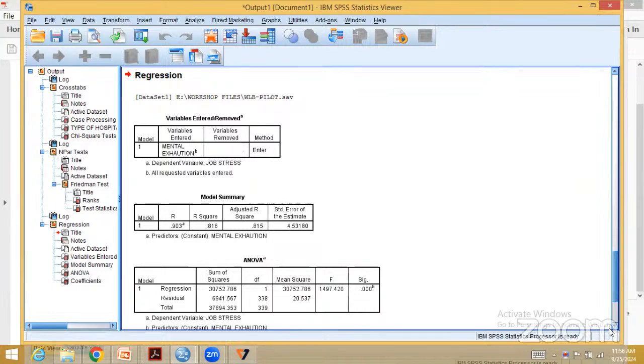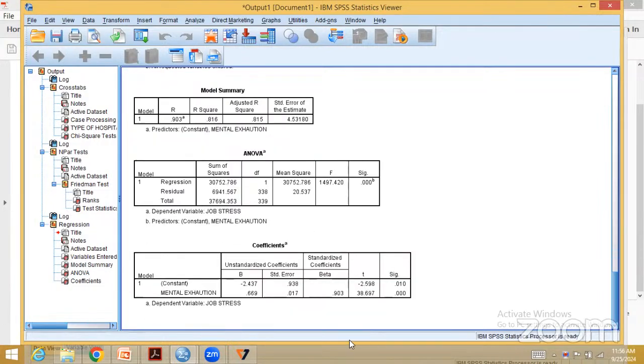Third, the beta coefficient and the associated t value, whether it is significant or not. Come to R square: 0.816, which means 81.6%.